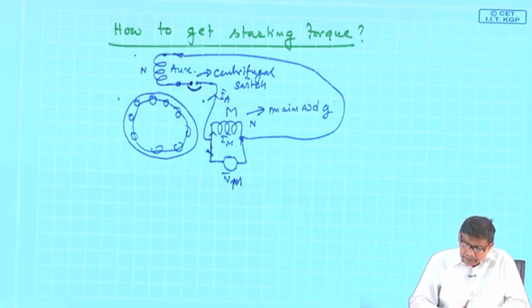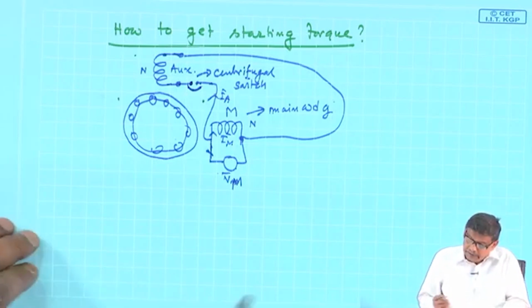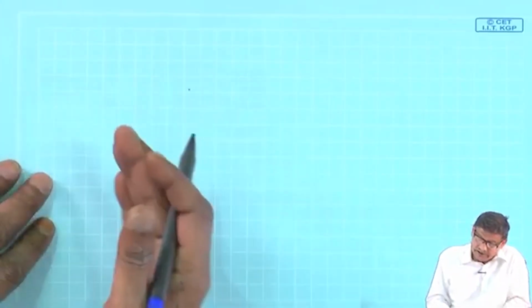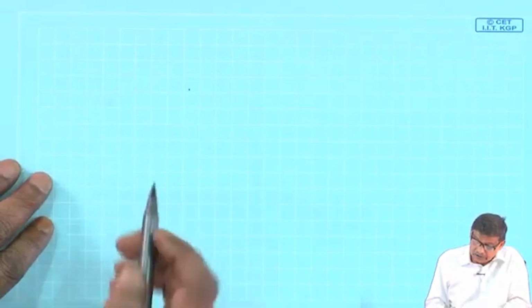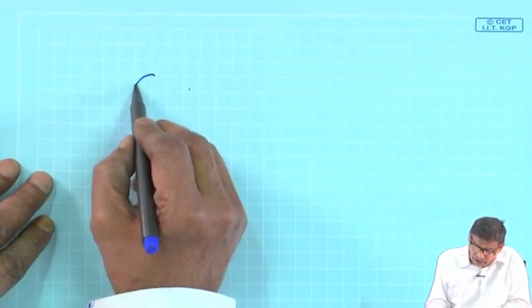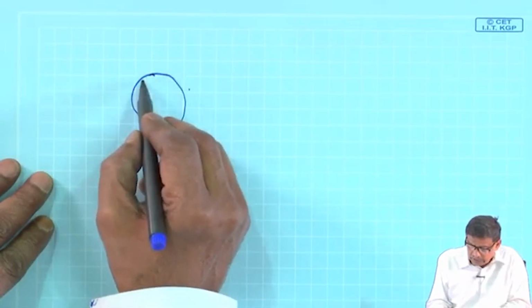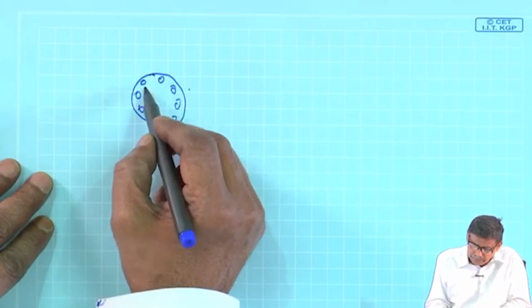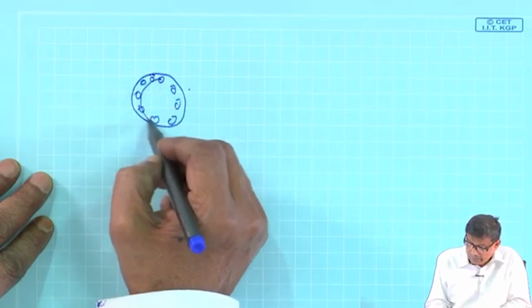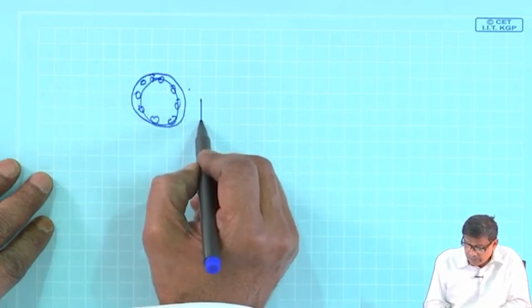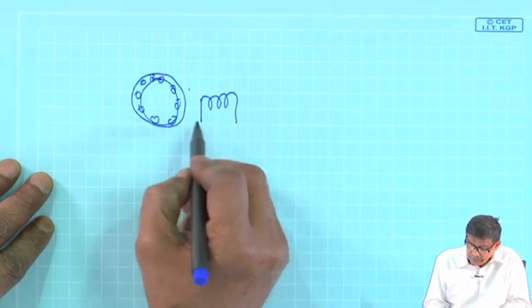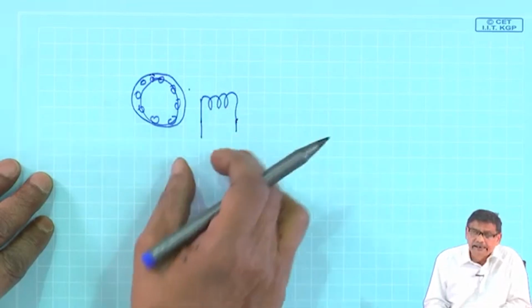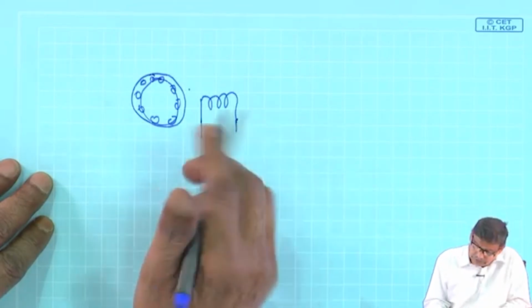Now, first we will see how the starting torque depends on the main and auxiliary current. So, I will draw like this. This is my rotor, and here is your main winding. Okay, it is connected to a single phase source.